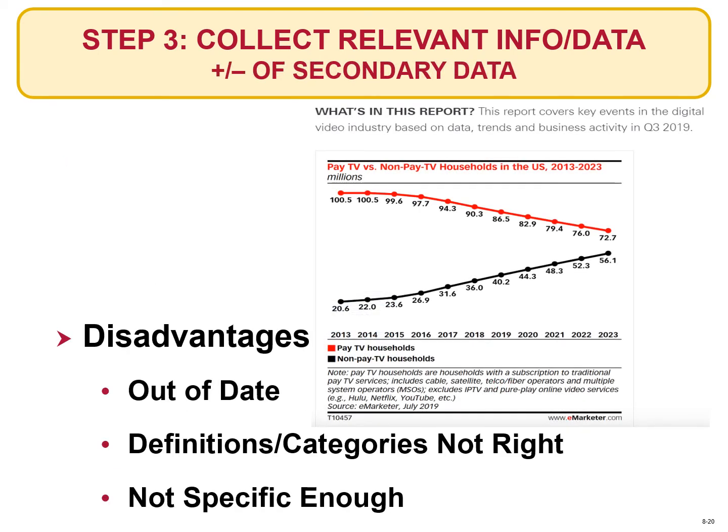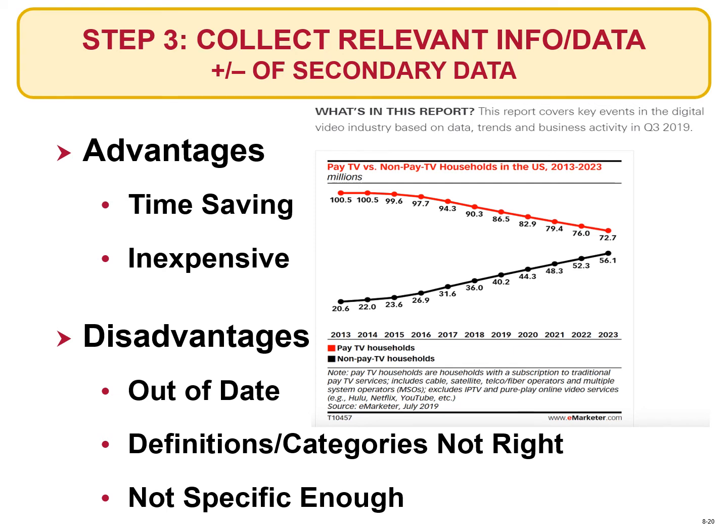Now, what are the advantages and disadvantages of secondary data? Advantages are that it's time saving because somebody else has already collected the information. We can just use it as it is. It's also inexpensive because, if it is free, it's already there.